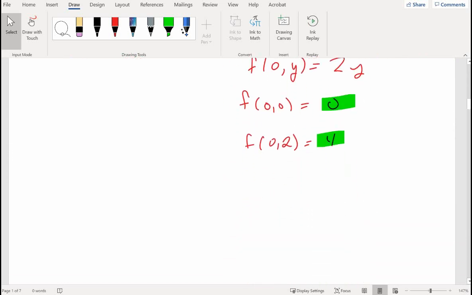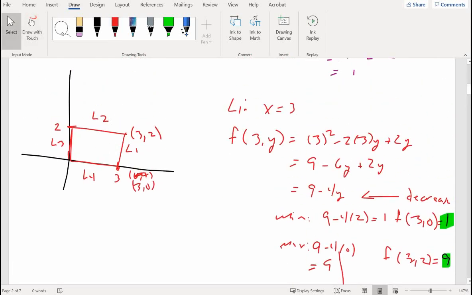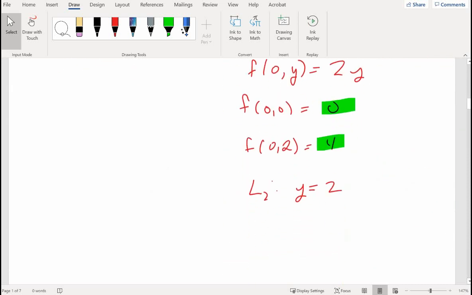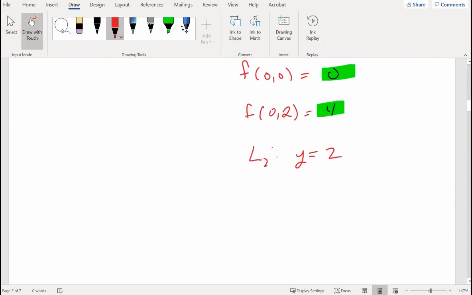So L2 is where y equals 2, right? So that's this horizontal line up at the top. So if y equals 2, then we're looking at f of x, 2. So that's x squared minus 2x times 2 plus 2 times y.